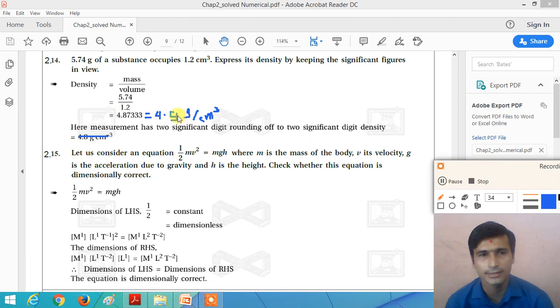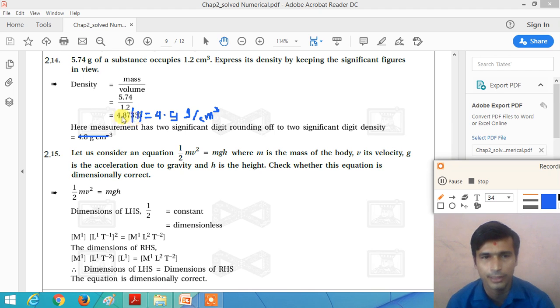So if you remove these 3s, the preceding digit is left as it is because 3 is less than 5. But there are 3 significant figures here, and we need to round off this value to 2 significant digits.